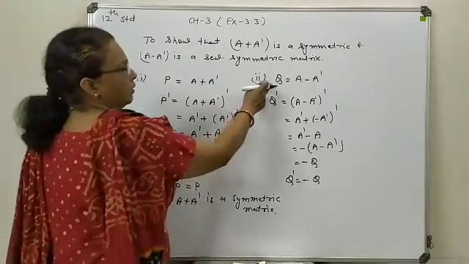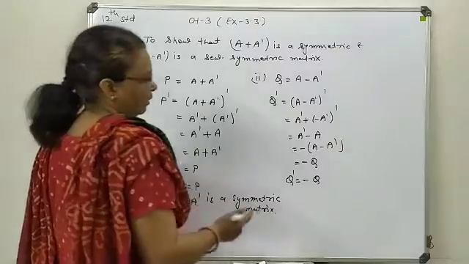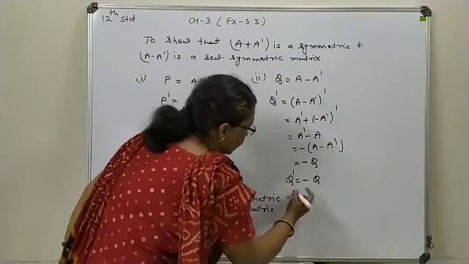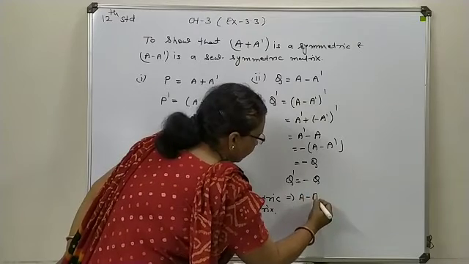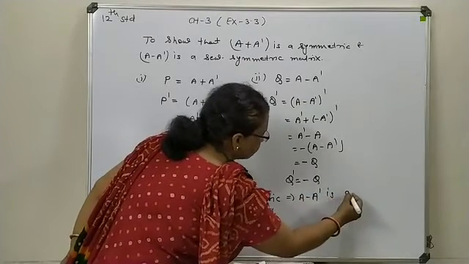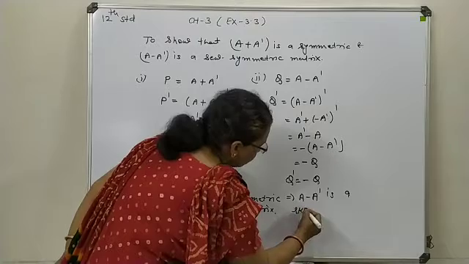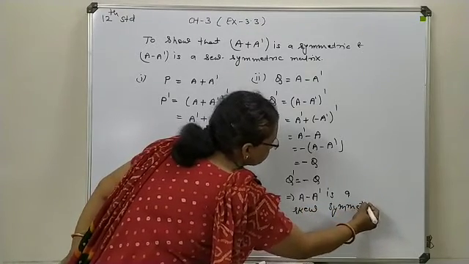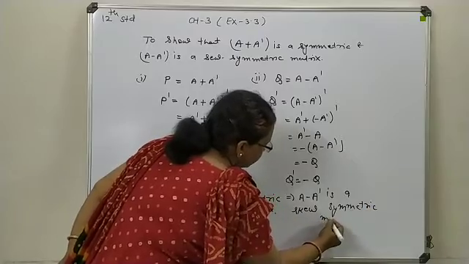So you can say Q is a skew symmetric matrix. That is, Q, meaning A minus A dash, is a skew symmetric matrix.